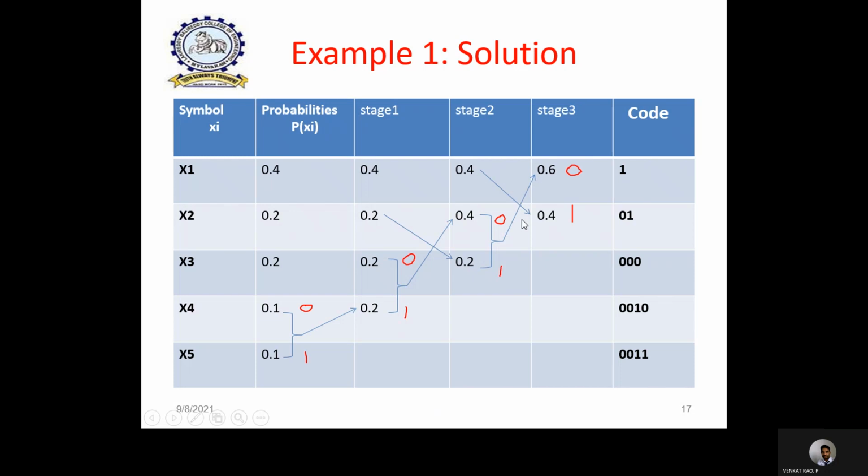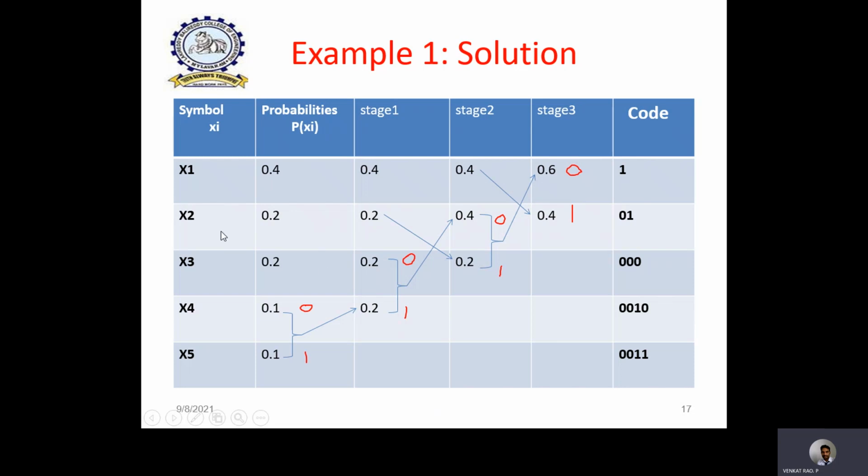1, 0. So actually we need to write 1, 0 generally, but in Huffman code we need to write in a backward order. So first identify the forward code, that is 1, 0, and then you need to write it in reverse order as 0, 1. Okay, this is one procedure. Otherwise you can directly trace the code from the backward sequence.